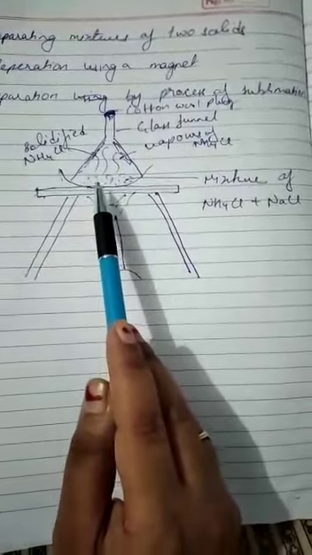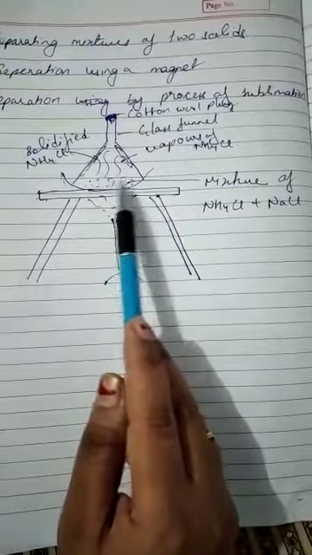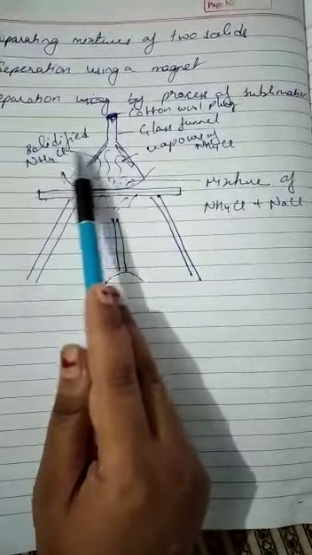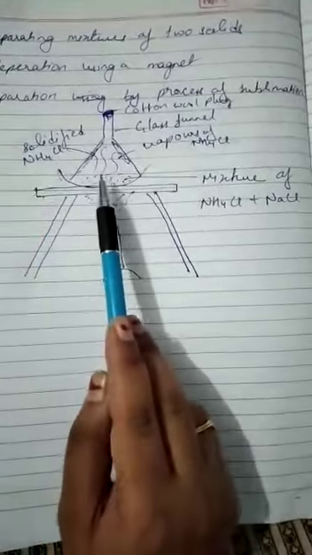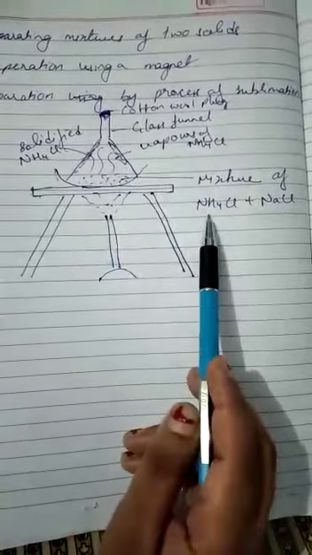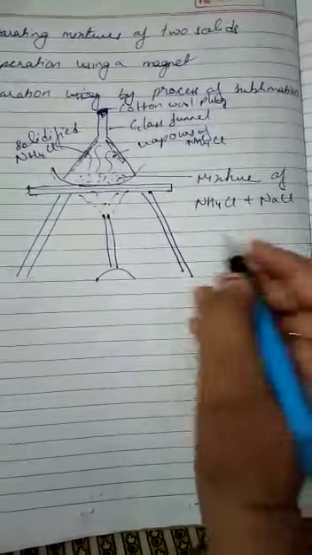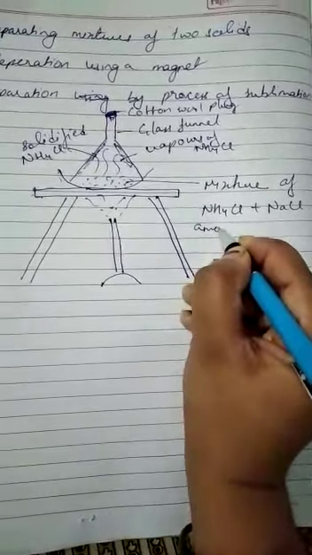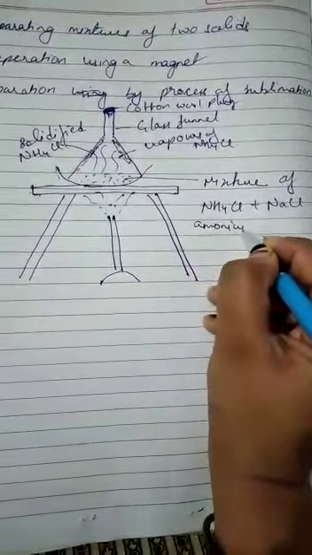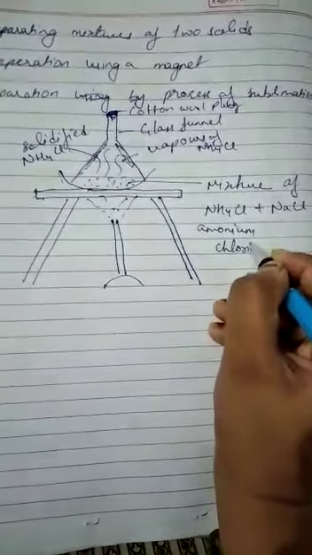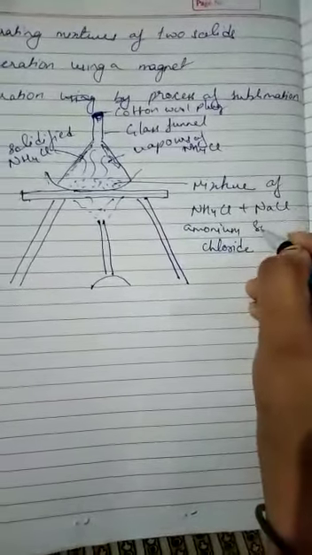This is a mixture of solidified ammonium chloride and NaCl. NH4Cl is the formula for ammonium chloride. This is your ammonium chloride and this is your sodium chloride.